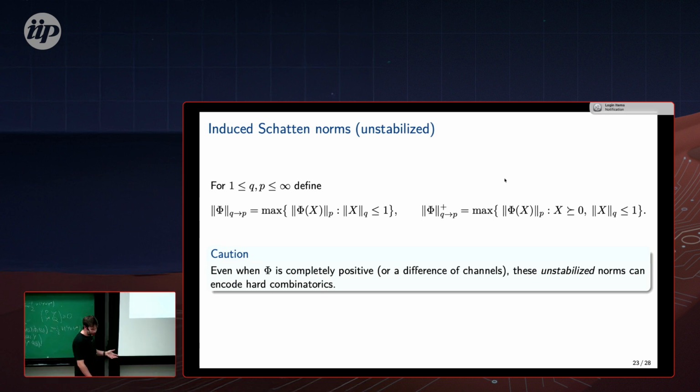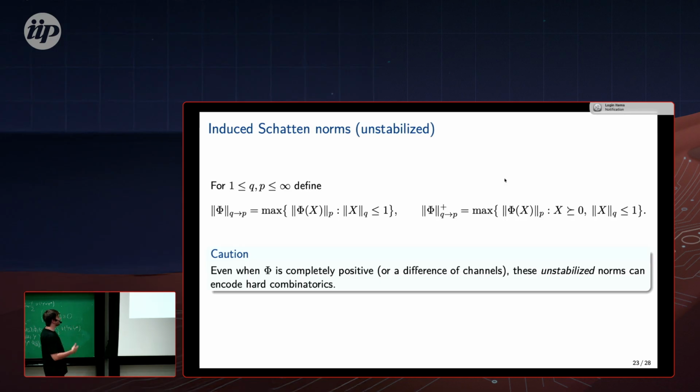So as I mentioned, this SDP form of the diamond distance is, I think, 20 years old, but people are looking at very similar quantities and asking whether they admit efficient representations like SDPs or not. So, for instance, instead of looking at this one-to-one norm, you could look at what happens with P to Q norms: essentially, the P norm of the output state divided by the Q norm of the input.